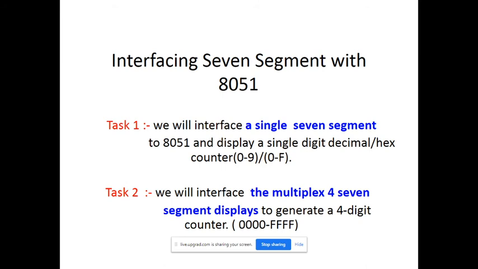Now according to that we will write the code for interfacing 7 segment display with 8051, that is a single 7 segment display. On that we will display a hex counter as well as a decimal counter. The second problem statement is we will interface multiple, four, 7 segment displays to generate numbers from all zeros to all 1s.